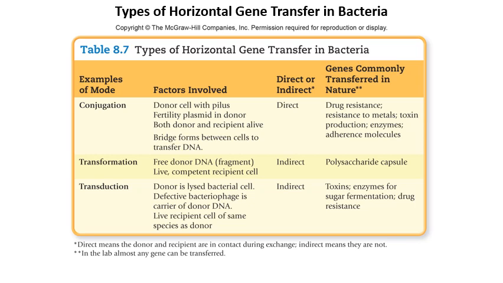So we need a live cell to take up that floating DNA from the dead donor. And then in transduction, usually the donor is a bacterial cell that's been lysed, essentially the lytic cycle of a viral infection, and then that virus takes that DNA and moves it to a new bacterium.